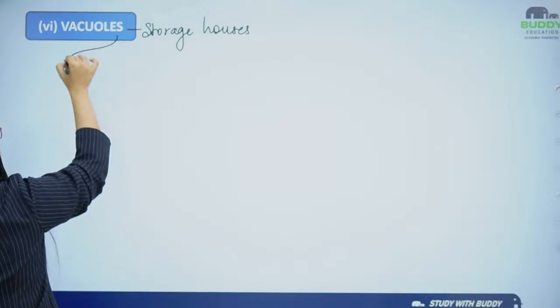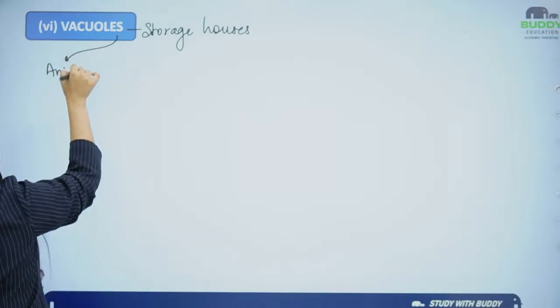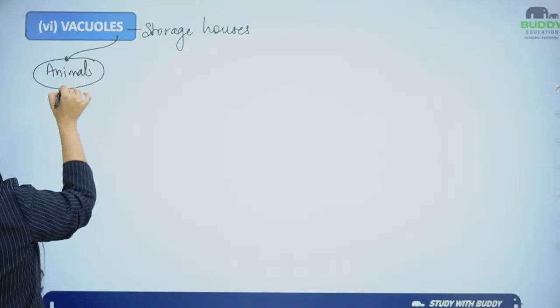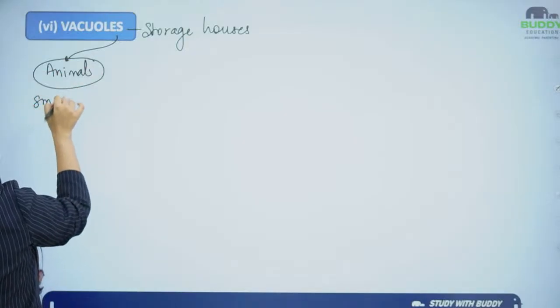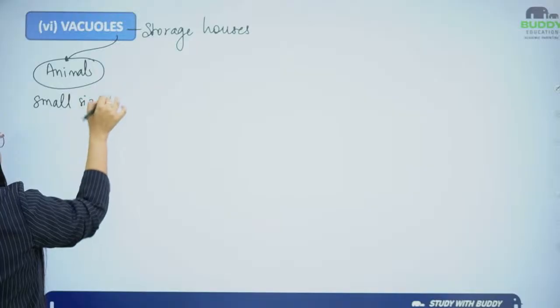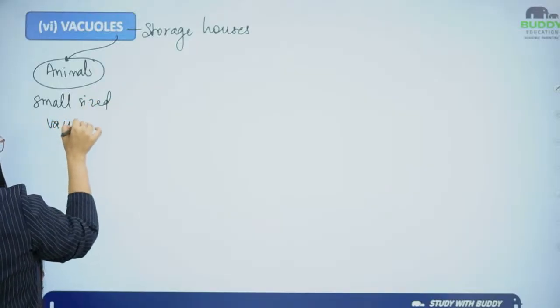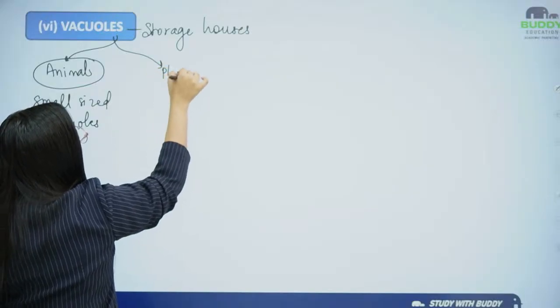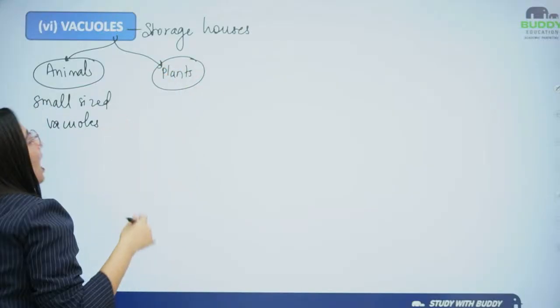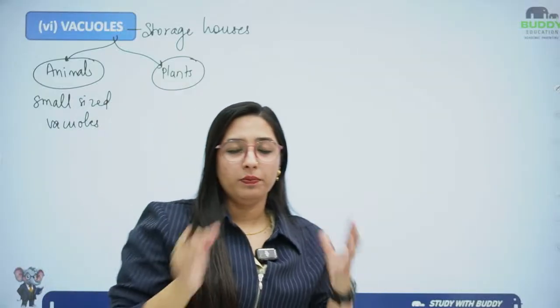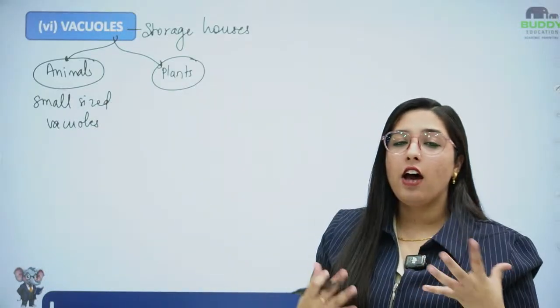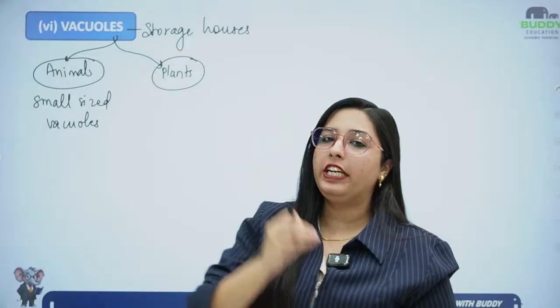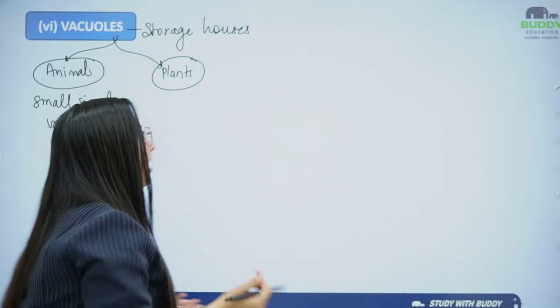When I talk about animals, animals have very small sized vacuoles. But when I talk about plants, plants have a large vacuole, which takes about 50 to 90% of the cell size.